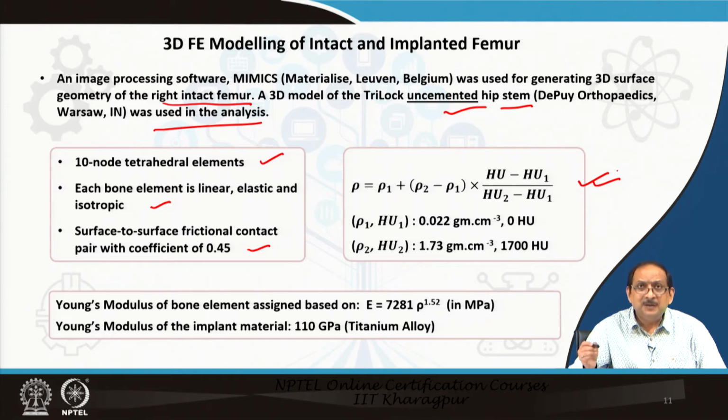As discussed earlier, the apparent density of a bone element can be calculated based on the patient-specific CT scan data set, and the Young's modulus of the bone element can be assigned using the power law relationship between Young's modulus and apparent density. The implant material is titanium alloy, so the Young's modulus value is 110 GPa.